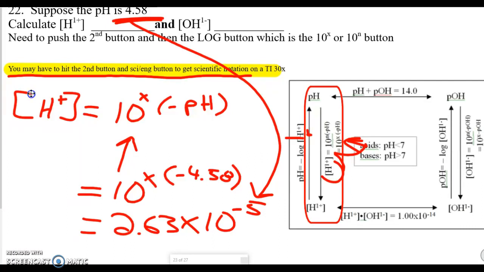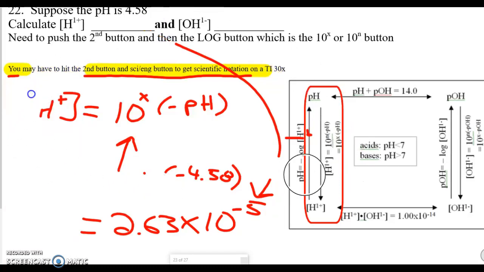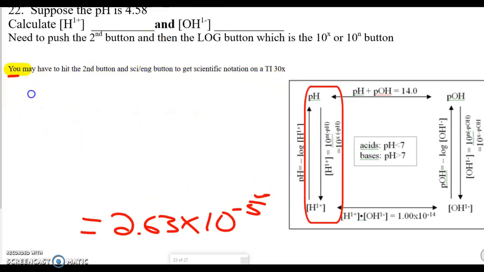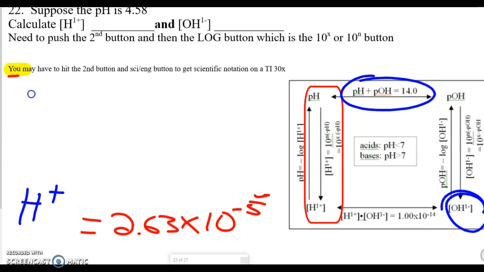But this problem also wants to know the pOH. Well, now we go back to our chart again over here. In this one, pH and pOH equal 14. So my pH is 4.58, and my hydrogen ion concentration is this. There's a couple ways that I can actually find my hydroxide ion concentration, which is this part on the sheet.